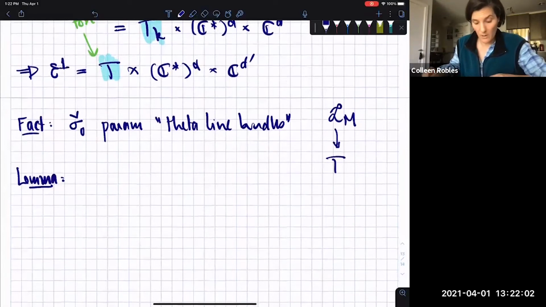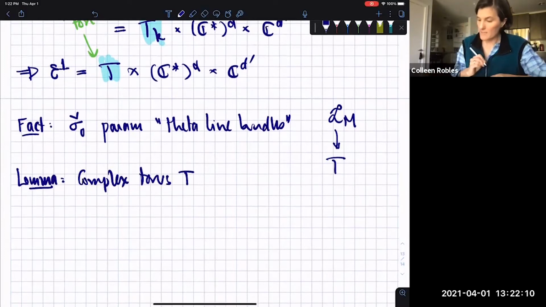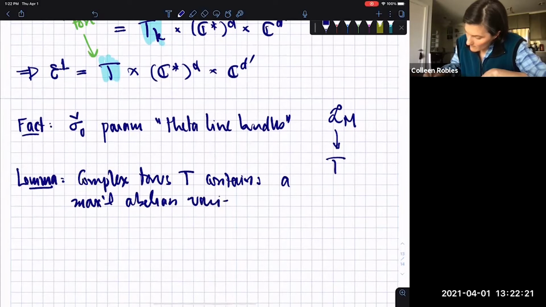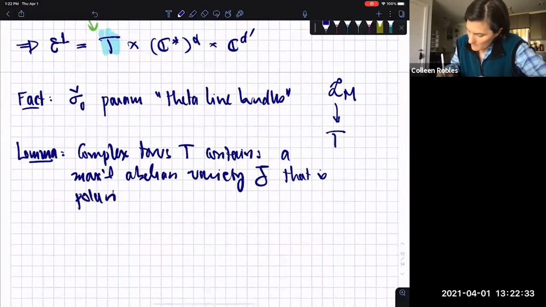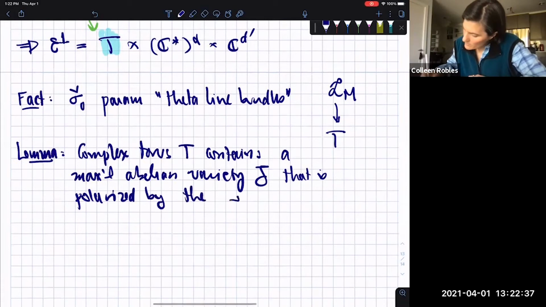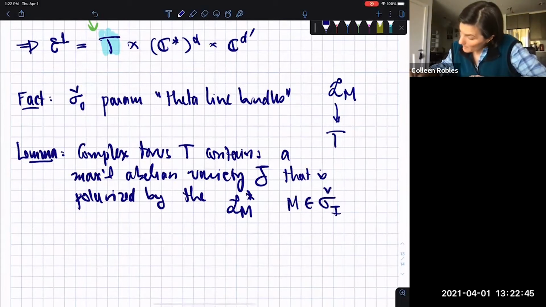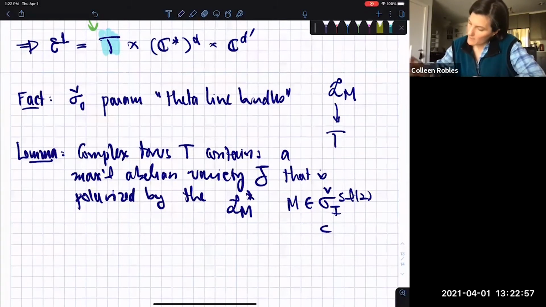So that positivity implies the following lemma, which is that this complex torus T inside the fiber contains a maximal abelian variety J that is polarized by those dual theta line bundles with M restricted to sit inside a cone of dual elements that we select using the SL2 orbit theorem.